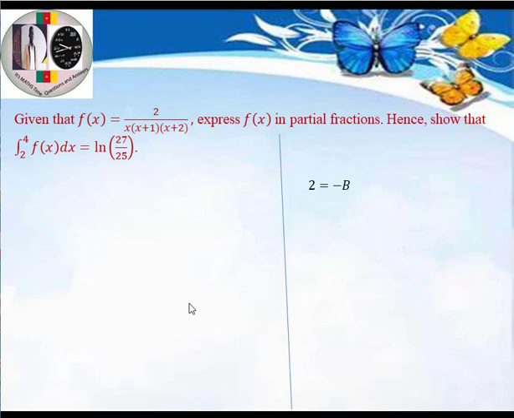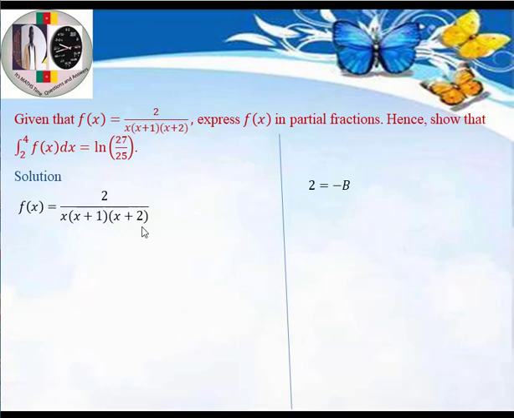In this case we are going to express f(x) in partial fractions, and we know that f(x) is equal to 2 / (x(x + 1)(x + 2)). Since the denominator is linear, the numerator must be a constant, and since the denominator has three factors, we have three partial fractions, and the numerators will all be constants.